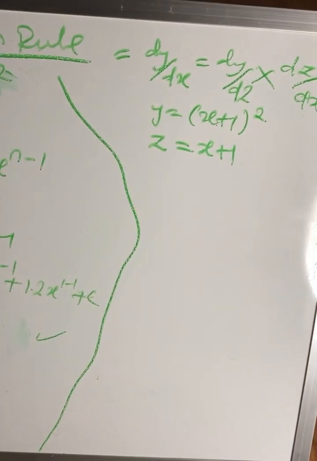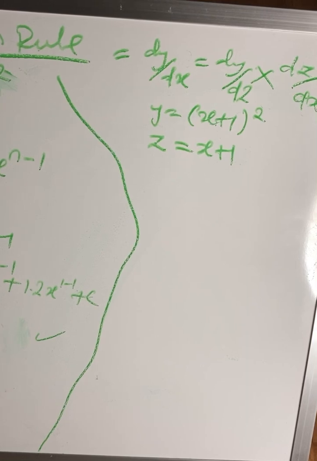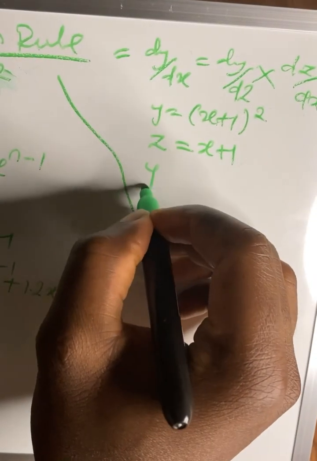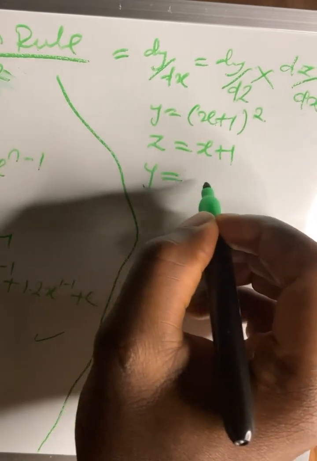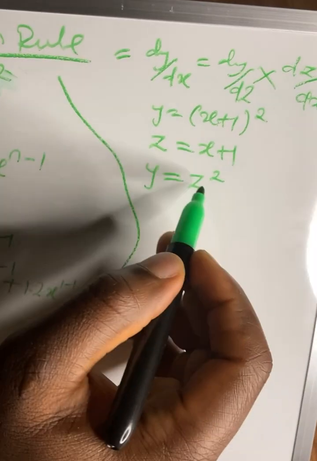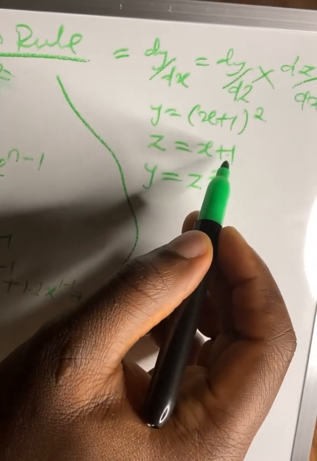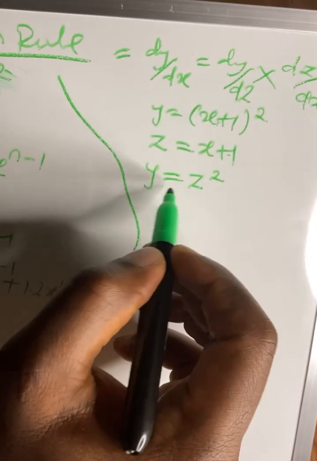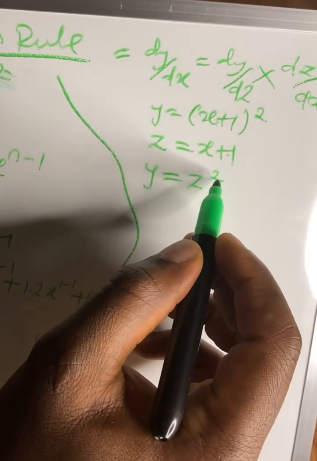So if I am using z to substitute x plus 1, that means our question will be y equals z to the power of 2, right? Because z is already x plus 1. So our question now, instead of writing x plus 1 to the power of 2, we write z to the power of 2.